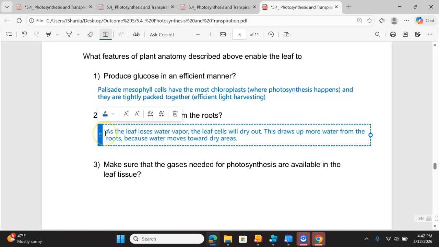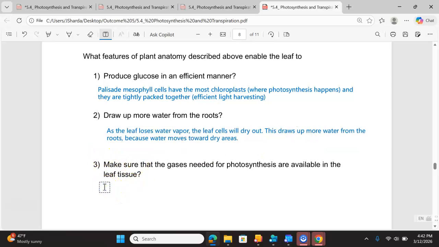As the leaf loses water vapor, the leaf cells will dry out. This draws up more water from the roots because water moves towards dry areas. Keep it simple. What features of plant anatomy described above enable the leaf to make sure that the gases needed for photosynthesis are available in the leaf tissue? Gases needed for photosynthesis.